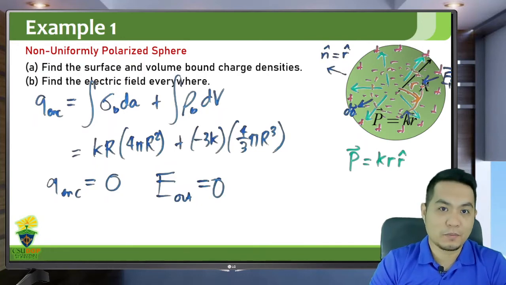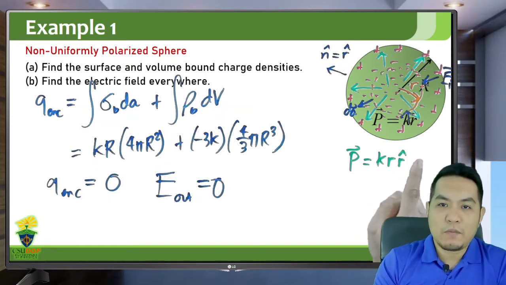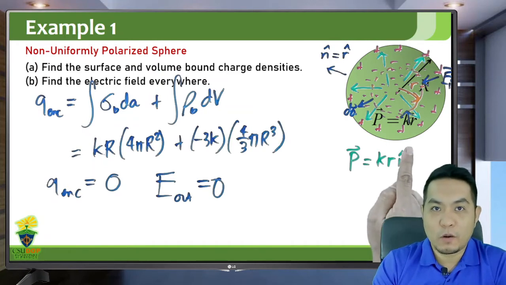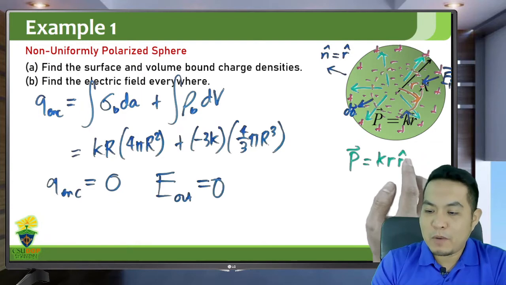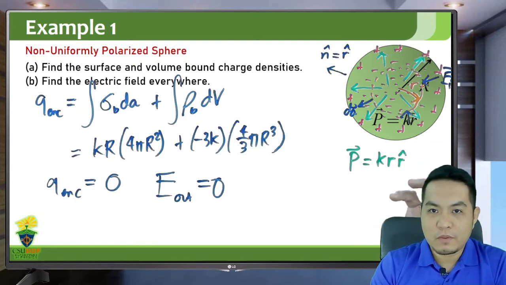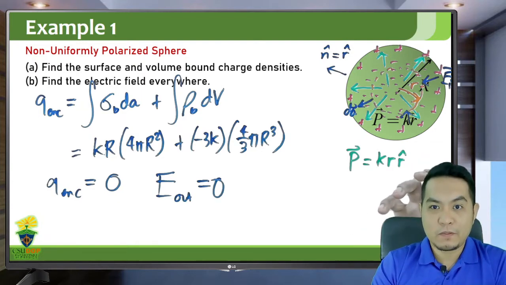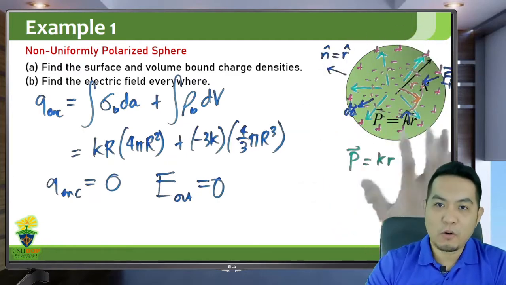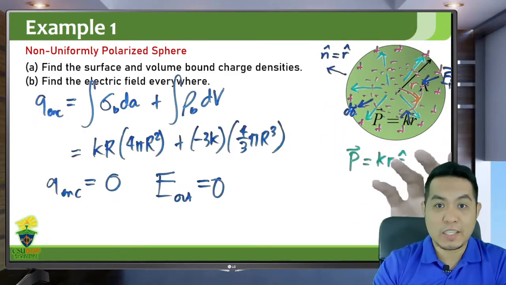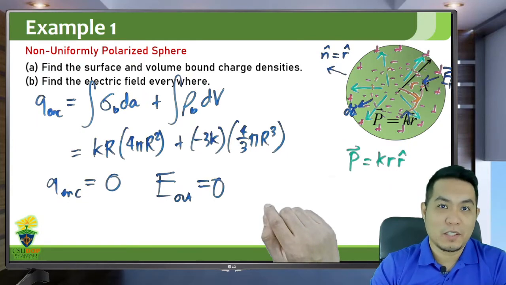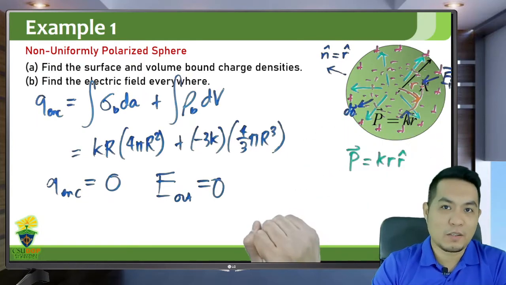So essentially, if you have a polarized object like this, the bound charges will distribute themselves in such a way that the whole polarized material is still essentially neutral. So the total charge is still 0.